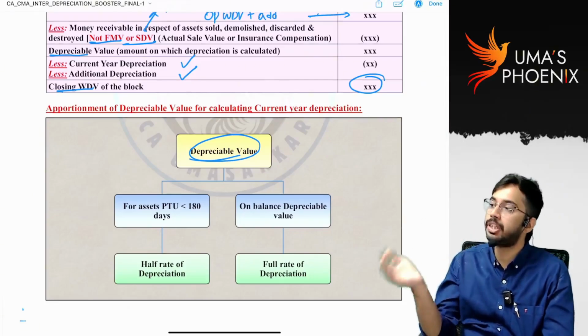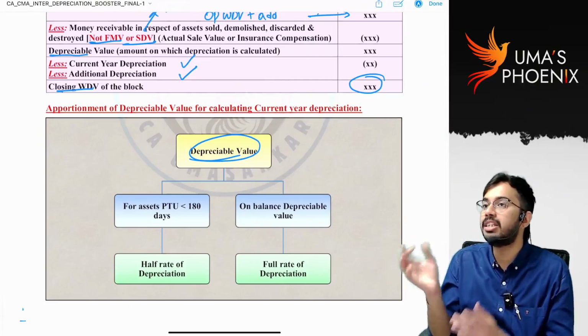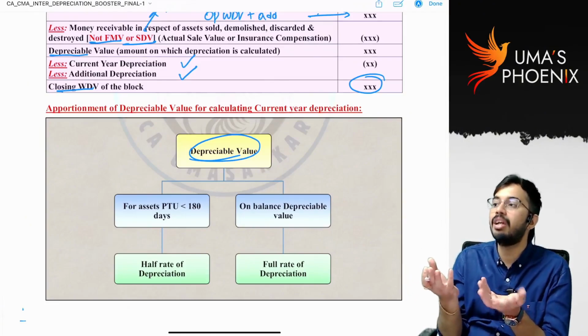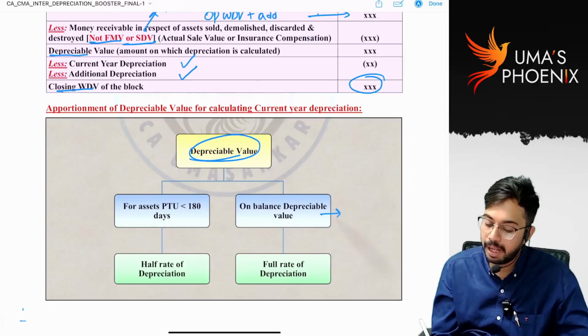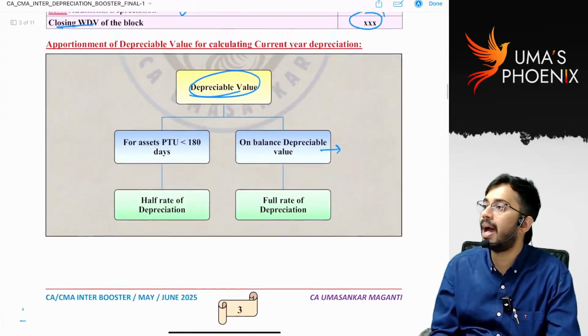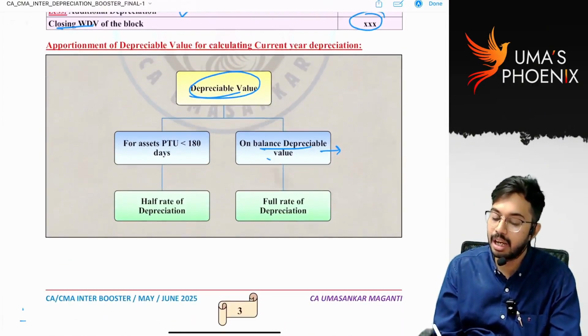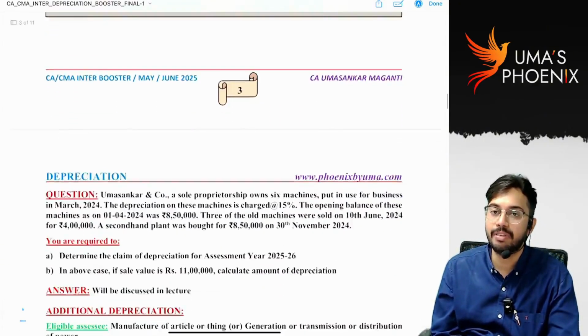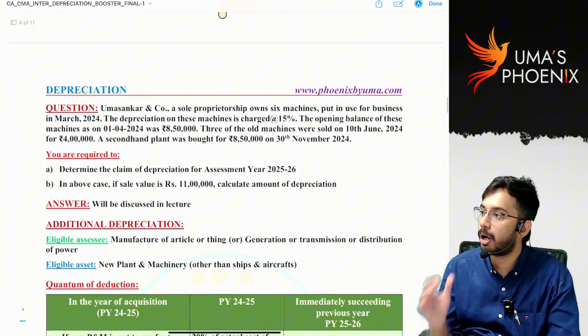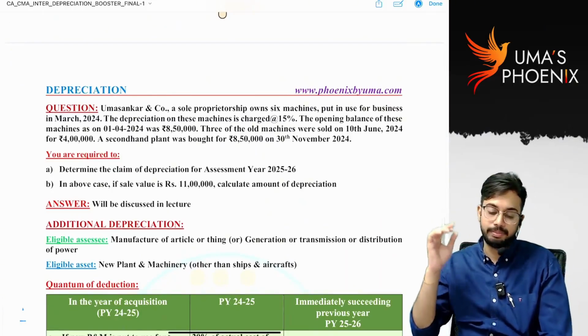On balance depreciable value, which assets will be there? Those assets put to use for greater than 180 days and opening written down value, correct? So on balance depreciable value, we will calculate full rate of depreciation. I know you will get confusion, that's why I gave you a problem. Shall we do the problem so that you will get better clarity?